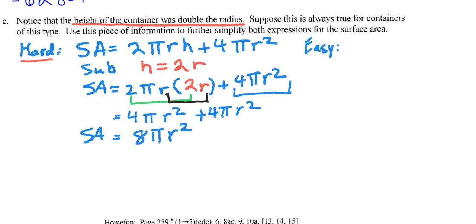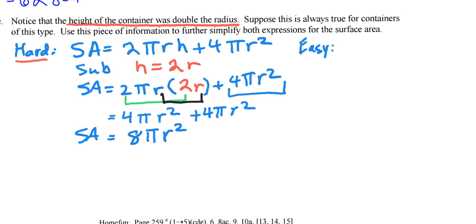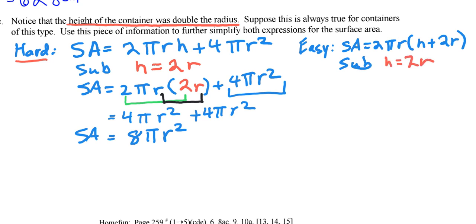And now let's just make sure we have enough space here. So our answer for the easy one is going to be SA is equal to 2 pi r bracket h plus 2r. All right, so now we're going to do exactly the same thing that we did before, where we sub h is equal to 2r into our equation.